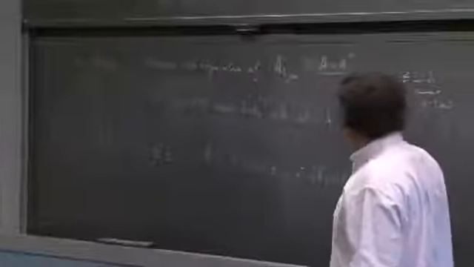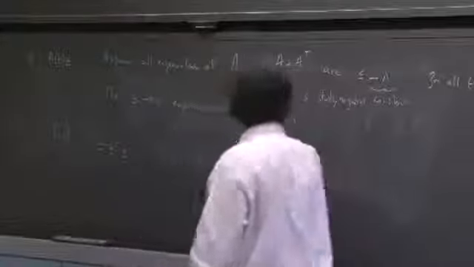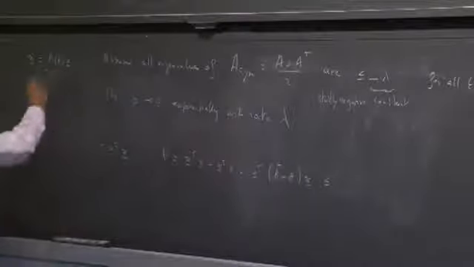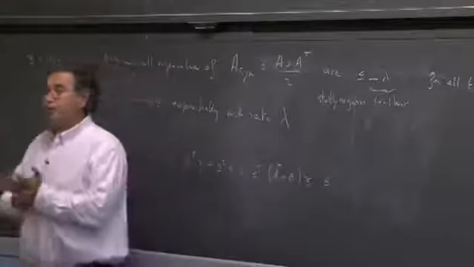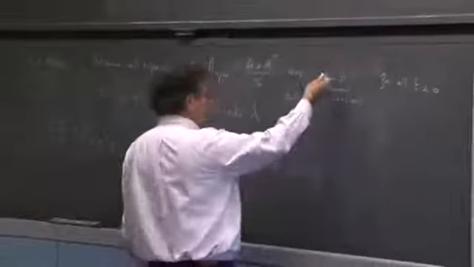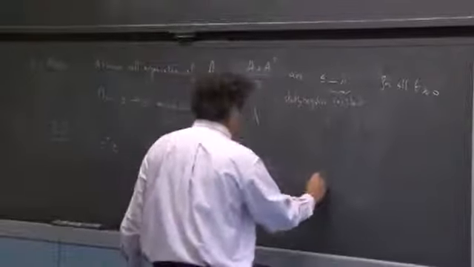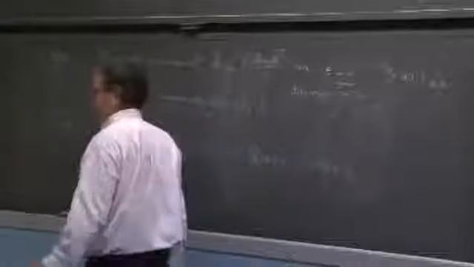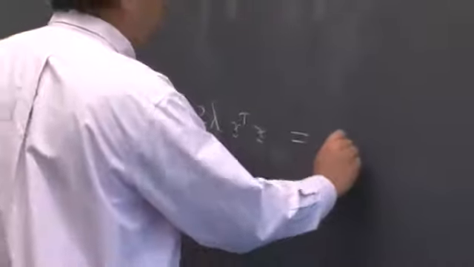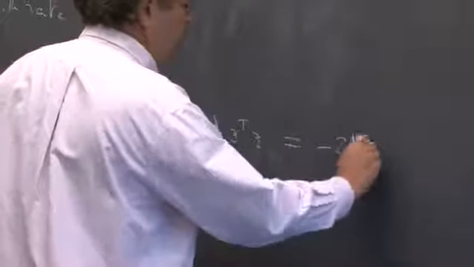So we know that all the eigenvalues of this are less than some constant. All these matrices are a function of time, this is A of t everywhere, but we know that this is less than some constant, which we called lambda. So here we'll have minus 2 lambda x transpose x, because the symmetric part is A plus A transpose over 2.